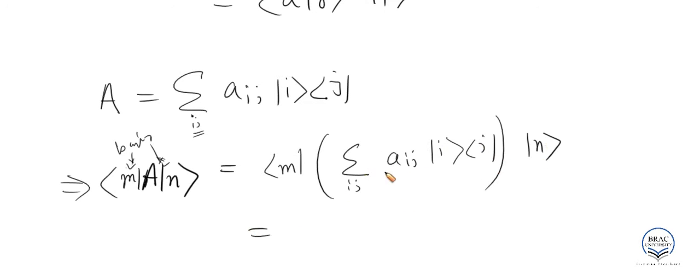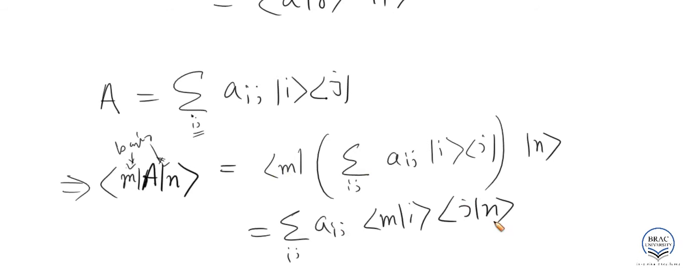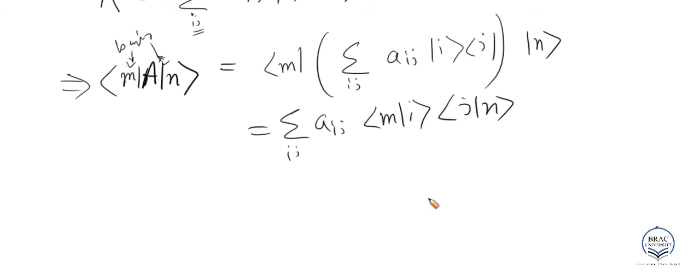Now you can pull out the summation sign because of the linearity in ket and linearity in bra, and let's just sandwich them. If you do that, this will be A_ij, here you will have the bracket of m with i, and the bracket of j with n, something like this, right?